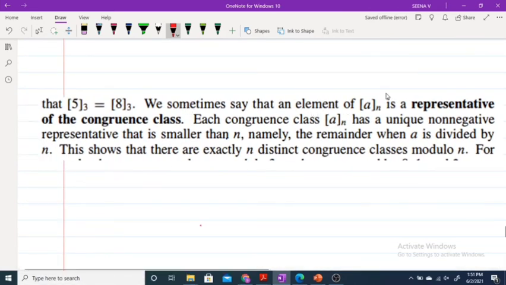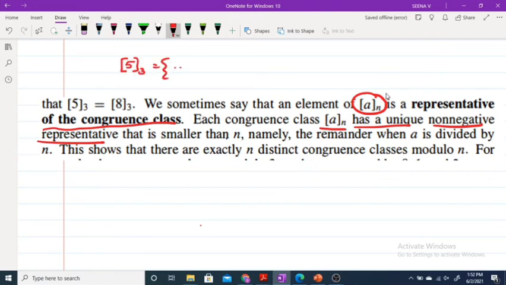Sometimes we say that the element of this class is a representative of the congruent class. In each congruent class, Zn has a unique non-negative representative. If you consider the class of 5 mod 3, already we have discussed 2, 5, 8 like this, etc. Similarly, we will get negative numbers also.